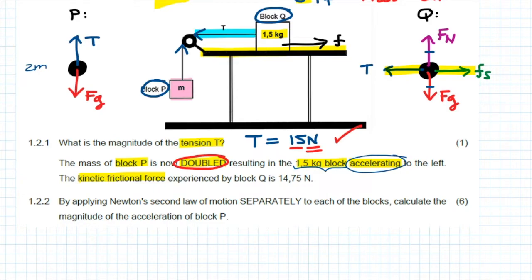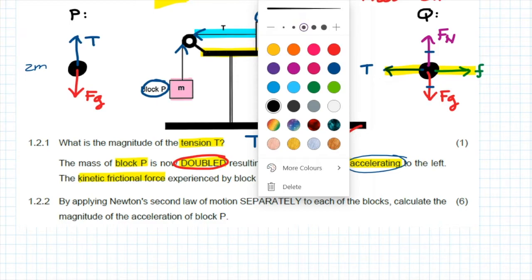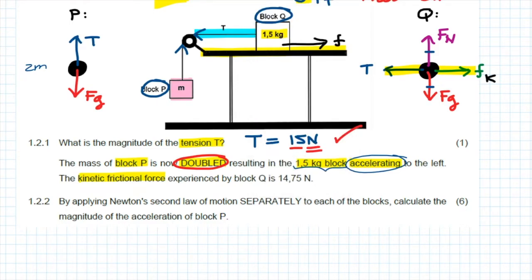So I'm going to remove the S and remind myself this is kinetic friction, and we're going to put a K down over there. They tell us that the new friction force is 14,75 newtons. This is a friction force that is only experienced by block Q.